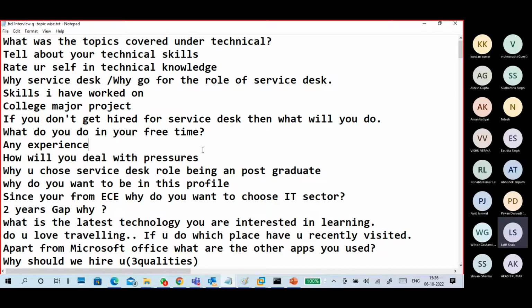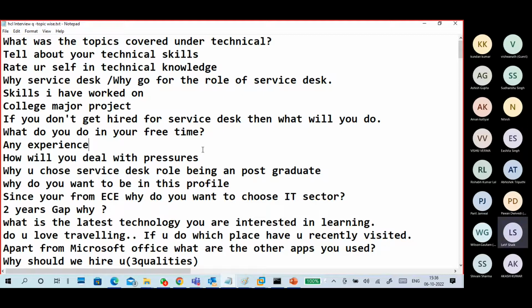What is important is the project title and basic details of the project, not the full details. What technology you used, what the use of the project is, how many people worked on it, and what your role was. That is enough. Keep it brief, no depth of explanation required.